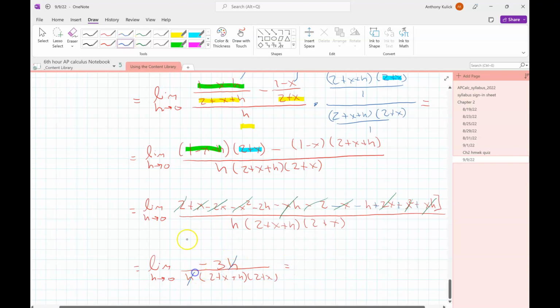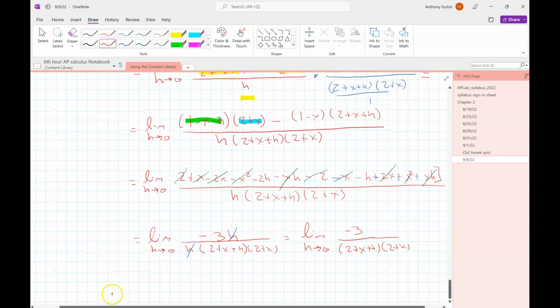It's not so bad now. I mean, it got real bad there, but it came back down to earth pretty nicely for me. And now I can direct sub to get negative 3 over 2 plus x times 2 plus x.